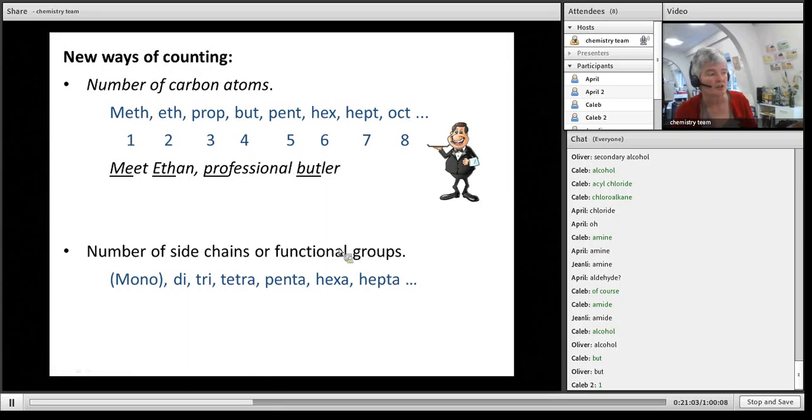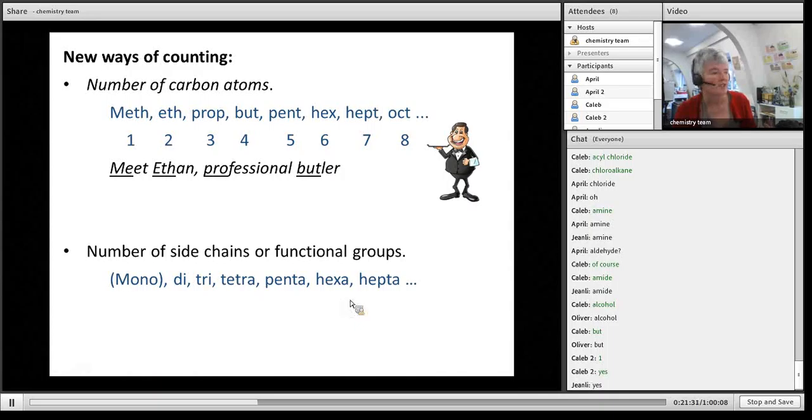This di, tri, tetra, etc. we use for the number of functional groups, because we could have 2 alcohol groups in a molecule, or 3, okay? And then we don't talk about propanol, because the prop means 3 carbons. So we'd say triol, meaning I've got 3 carbons, 3 alcohols. Does that make sense?